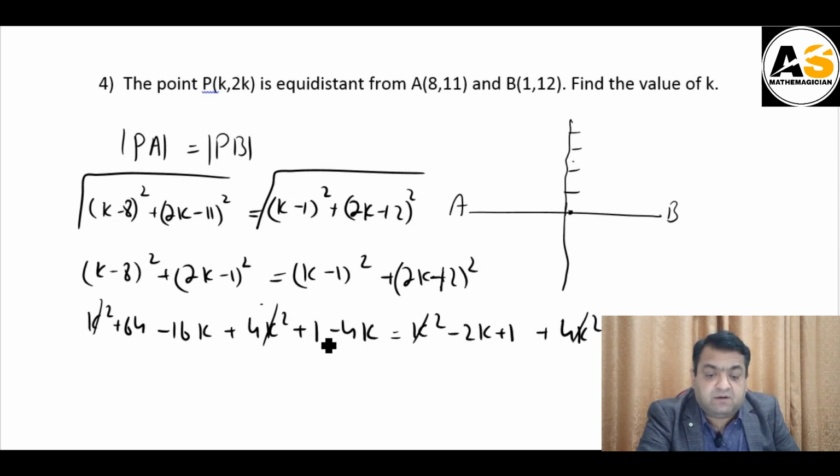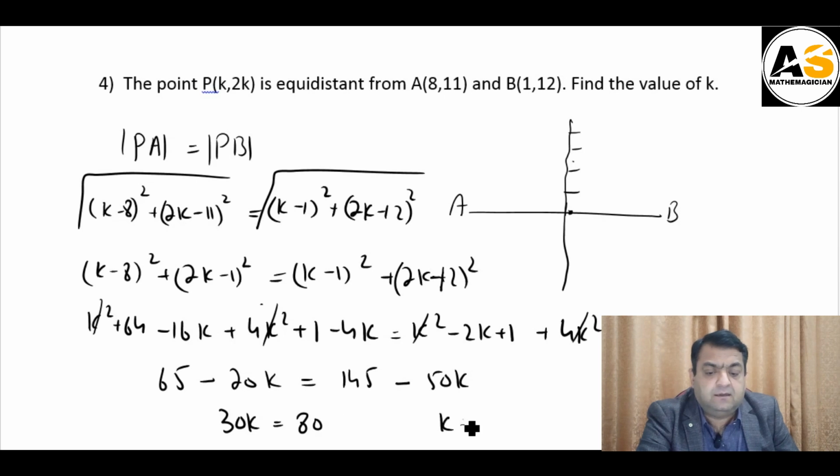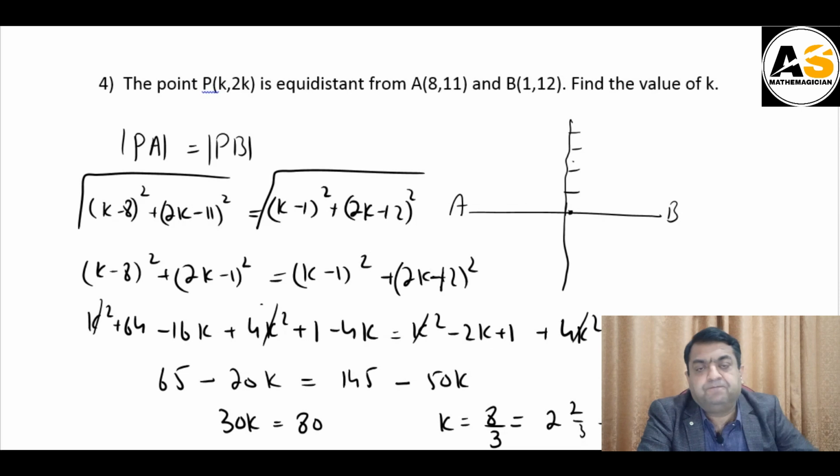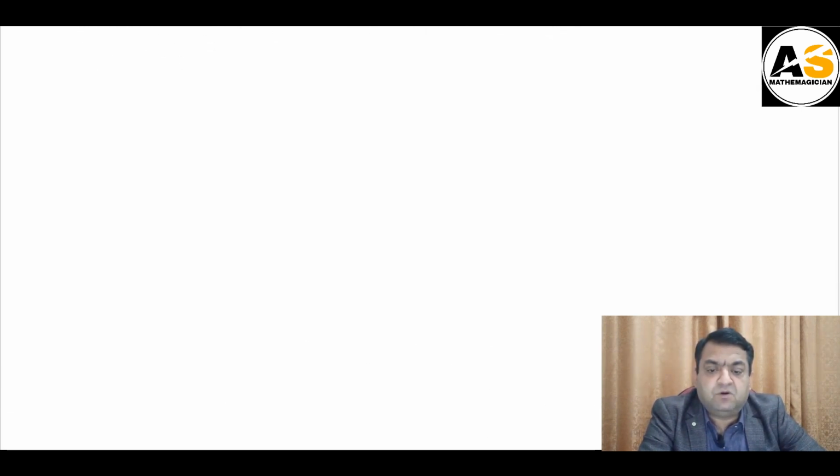So I will get 185 minus 60k is equal to 145 minus 50k. So I will get 10k is equal to 40. So this is the value of k. So this was our question number 4.